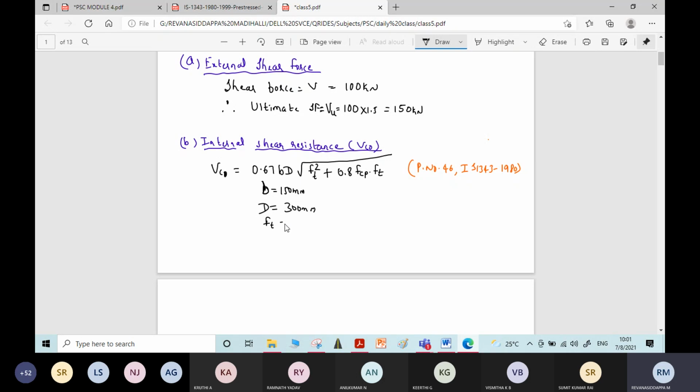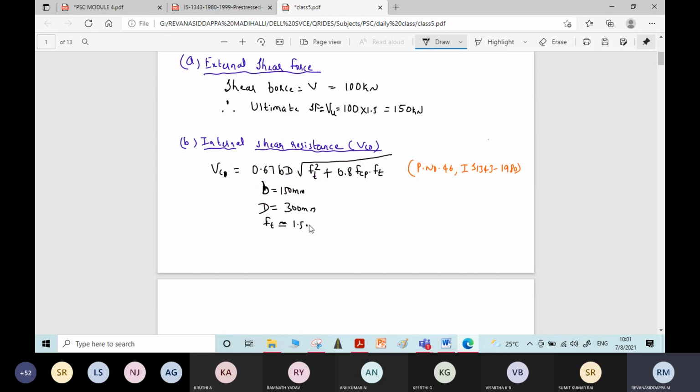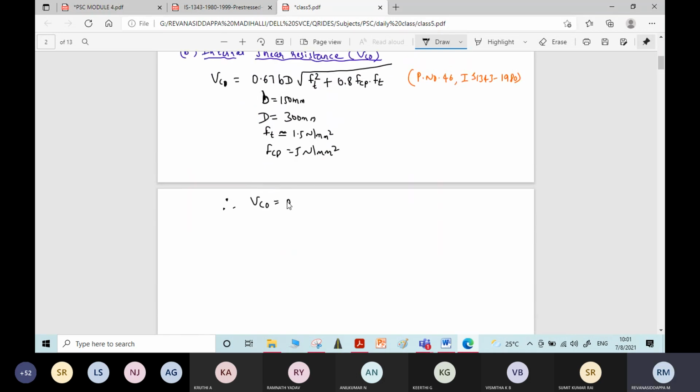FT is known, FT is equal to 1.5. FCP is equal to 5. Therefore, VC naught is equal to 0.67 into 150 into 300 root of 1.5 square plus 0.8 into FCP 5 into FT 1.5.